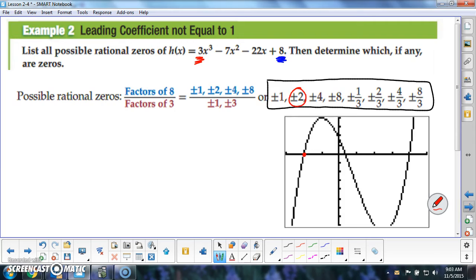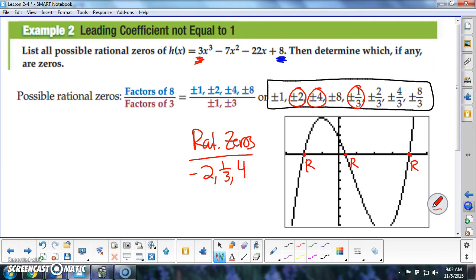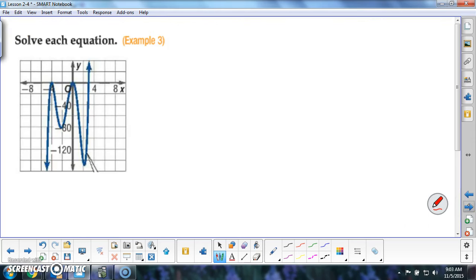Looks like it crosses at 4, and that's right here. And then it looks like it crosses at about 1/3. So it looks like all of these zeros are rational zeros: -2, 1/3, and 4. So that's the rational zero theorem or rational root theorem.